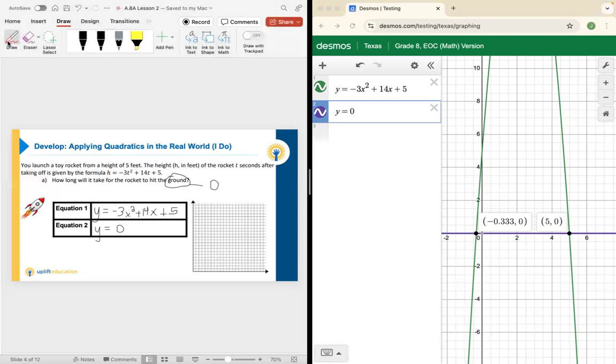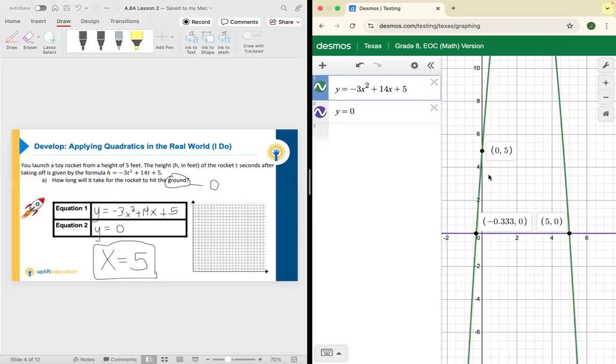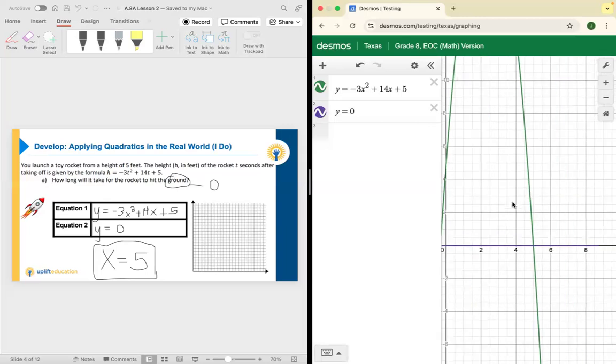So in this situation, it only makes sense for our solution, the x, to equal 5. That's where it hit the ground. Because if we think about it, our y-intercept we talked about before is our starting point, and that's at 5 feet, which is exactly where they said we started the rocket from.